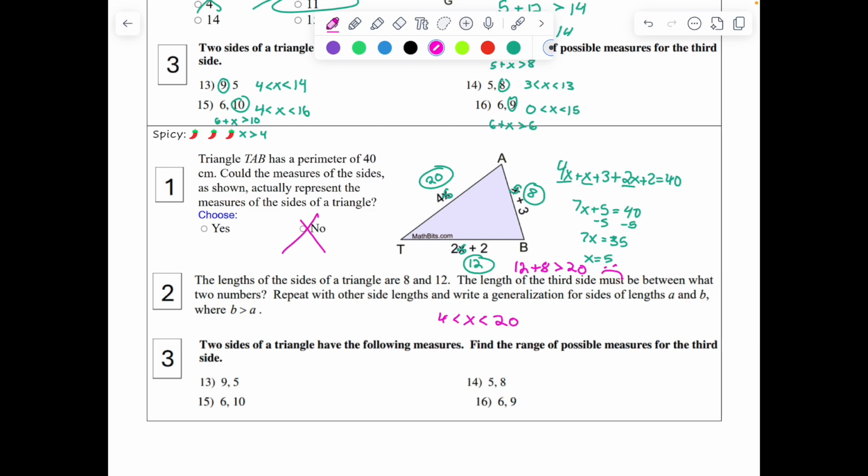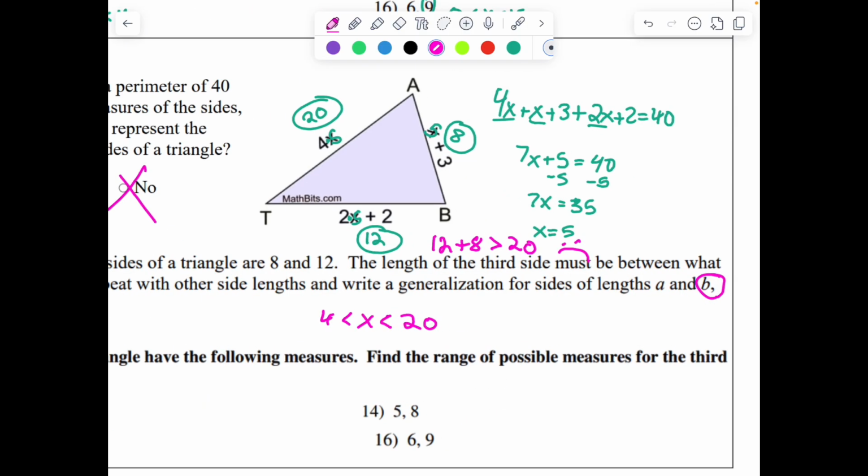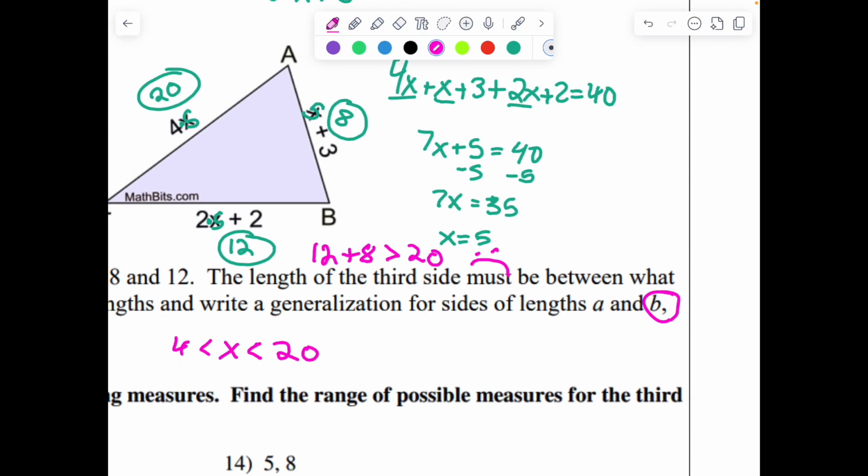And they want us to repeat with the other side lengths and write a generalization for sides of lengths A and B, where B is the bigger one.